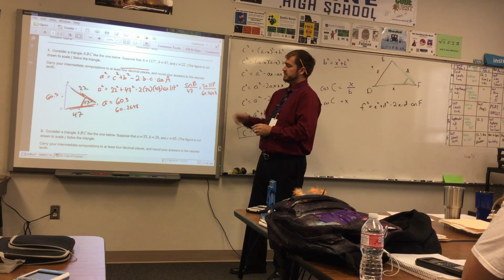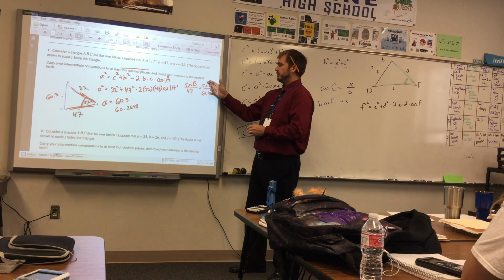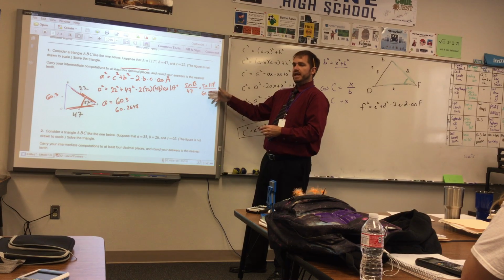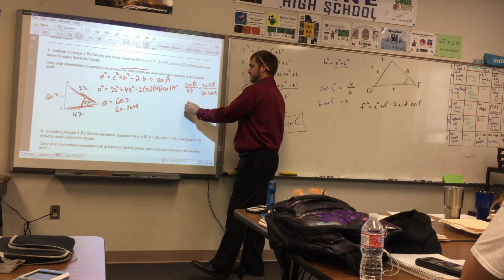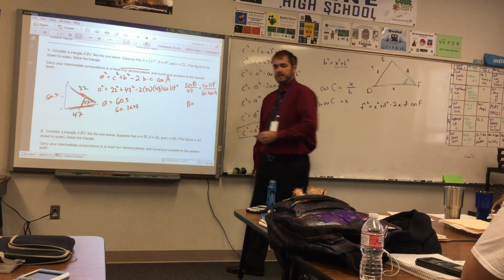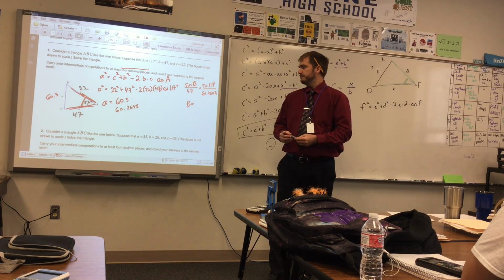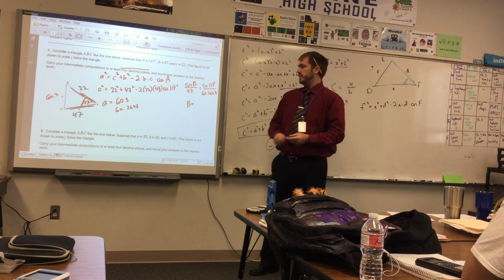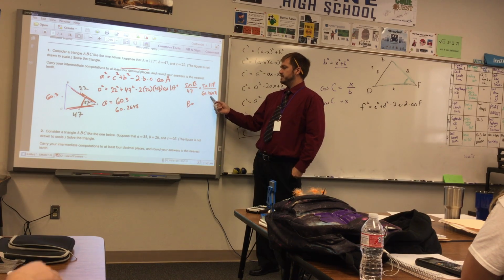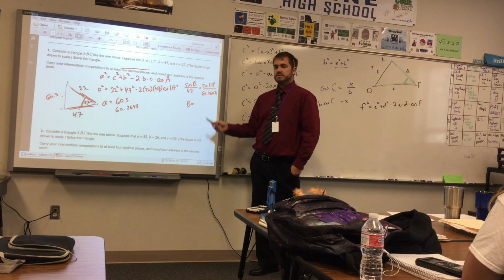So we should be experts at law of sines now. We're going to multiply both sides by 47, do the division, and then do the inverse sine in order to figure out what angle B is. Right? 47 times sine 117 divided by 60.2648. Inverse sine.